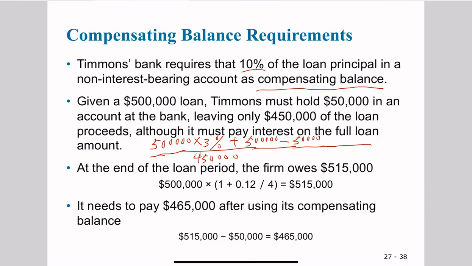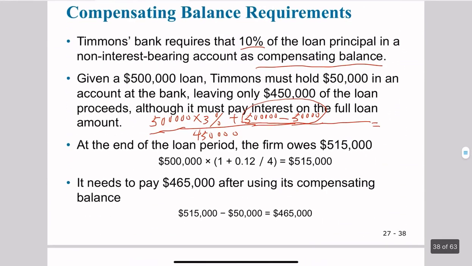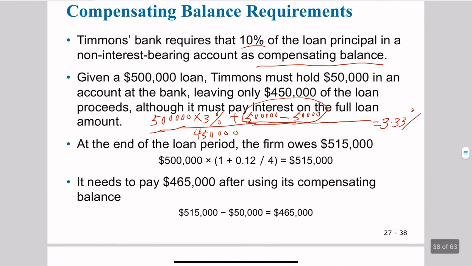So essentially you can see that compensating balance will reduce the loan proceeds the firm can get, and it will also reduce the firm's final payment. That's why you get this $500,000 minus $50,000 here. And then the interest rate will be 3.33%.